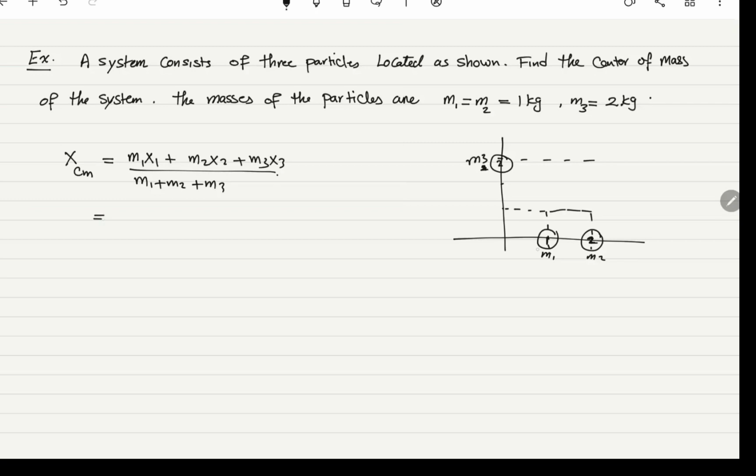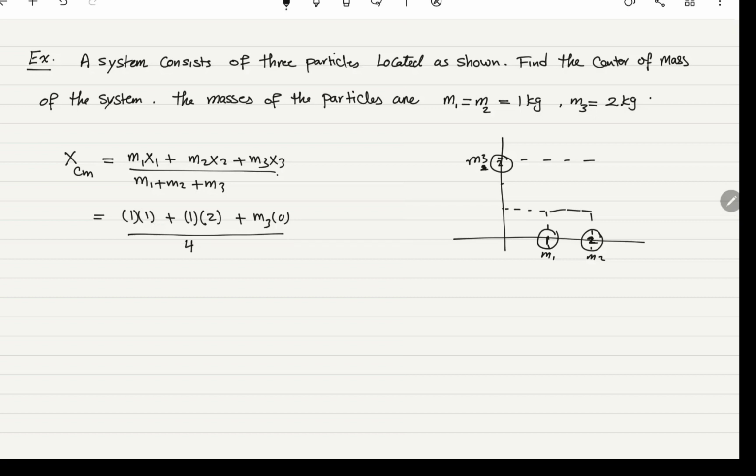So m1 is 1 times the distance from the origin, just 1, plus m2, again 1, and the distance is 2, plus m3, and the distance is 0, divided by 1 plus 1 plus 2, 4.